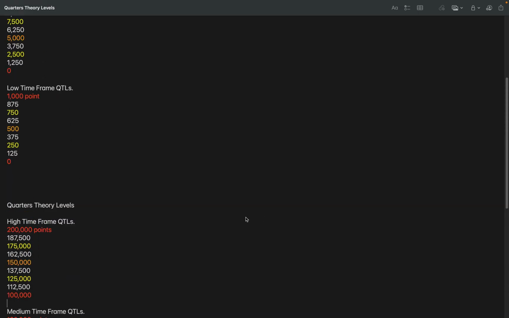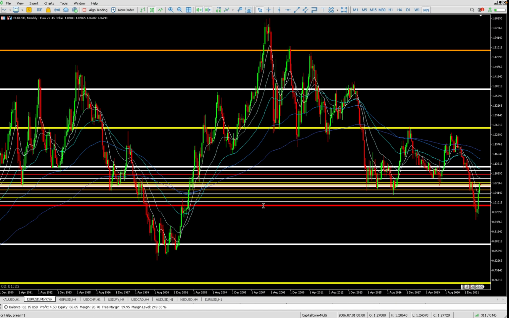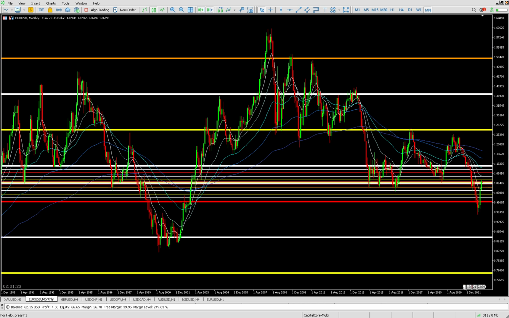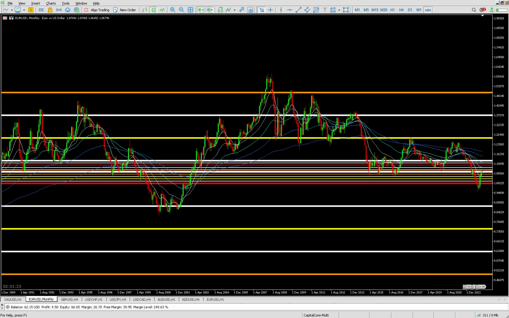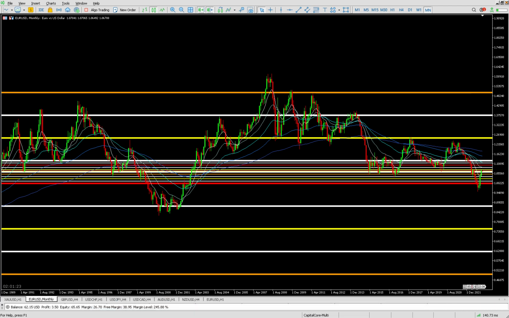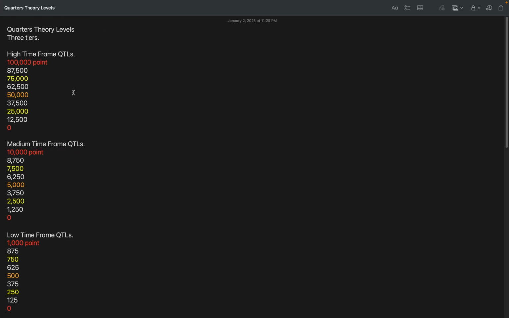So what does that look like on the chart? Over here we have a monthly chart. This is a textbook definition. These are price levels, sort of how your ideal thinking about it would be.